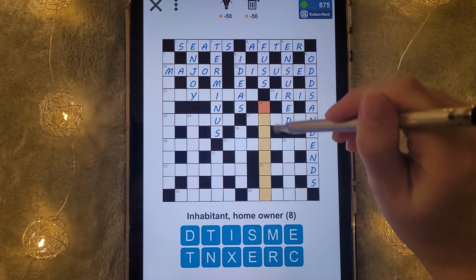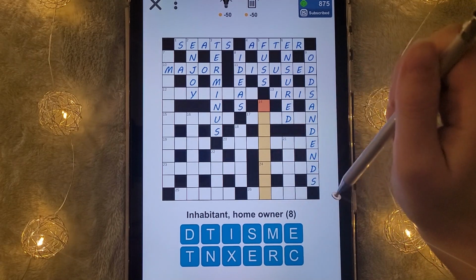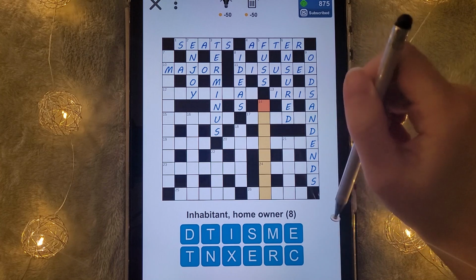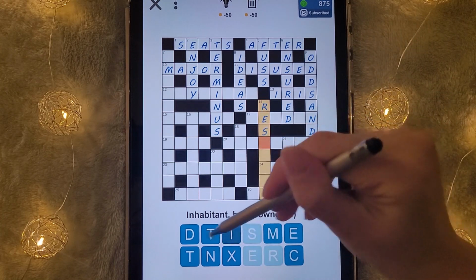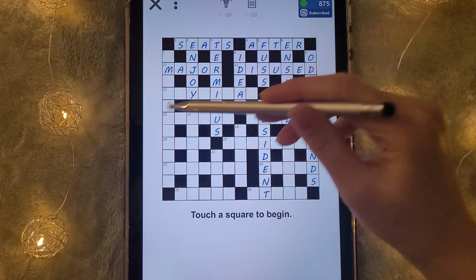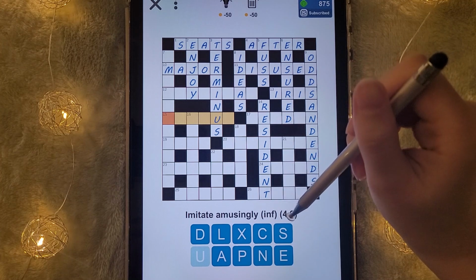do 14 down. Inhabitant or home owner. Okay. Maybe resident. There we go. Let's do 15 across. Imitate amusingly.